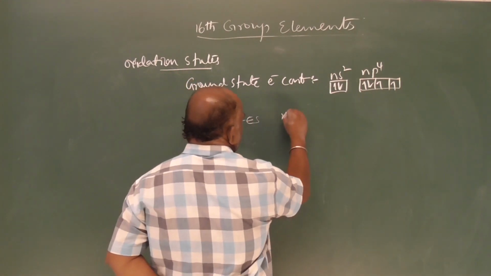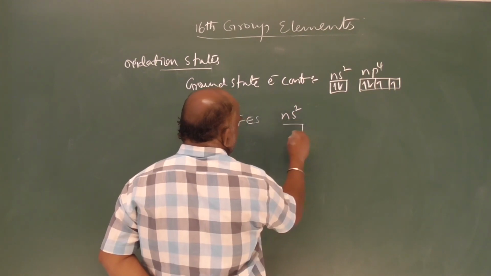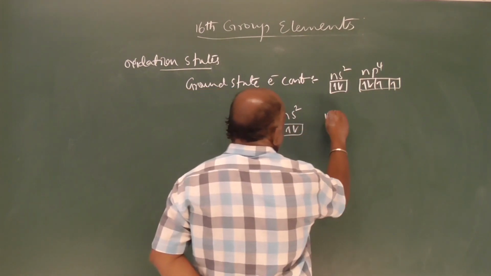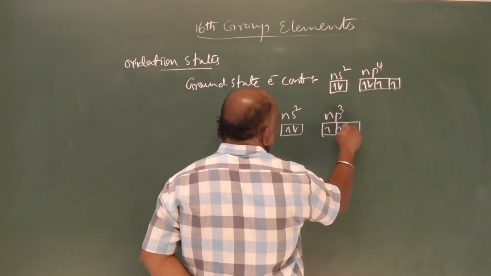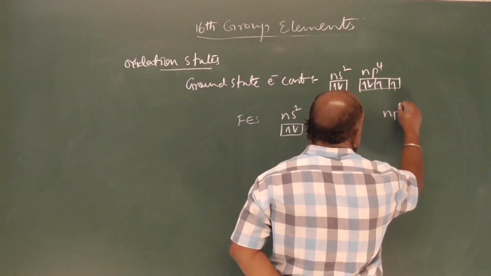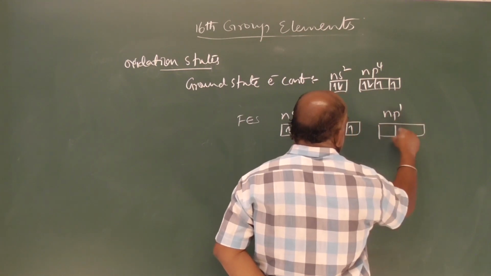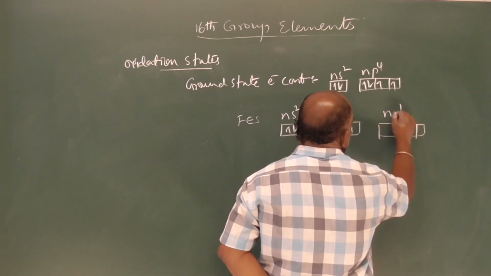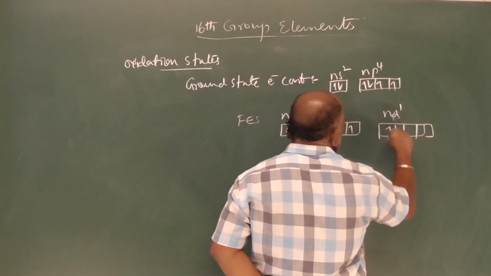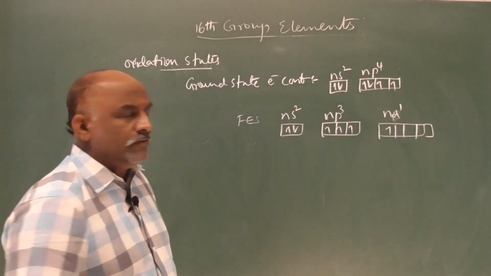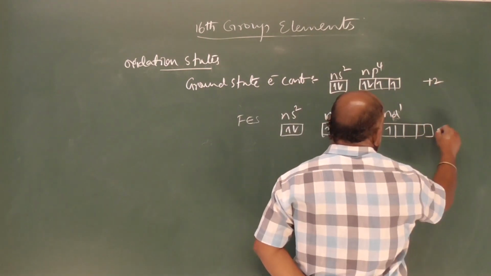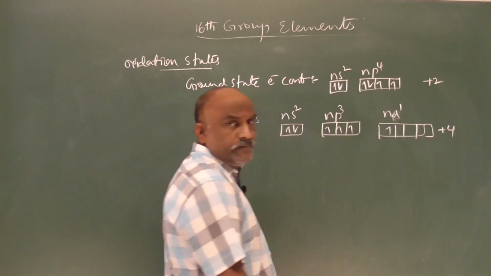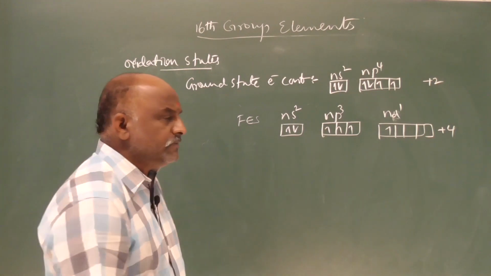First excited state configuration is what? ns2, np3, nd1. Once you observe, my dear students, the number of unpaired electrons is 4. In the ground state, other elements exhibit +2 oxidation state, and in the first excited state, +4 oxidation state.